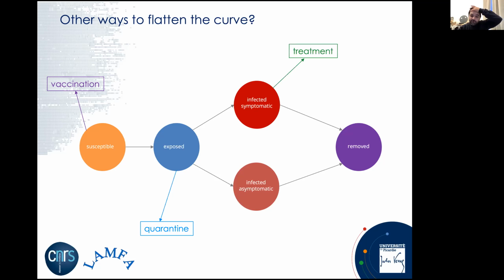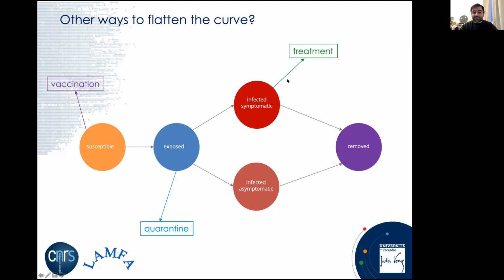And there is another way. Actually, there exists treatment. I'm working on this part with the hospital. The paper has already been submitted for quite a long time now, but they asked me to keep it confidential.